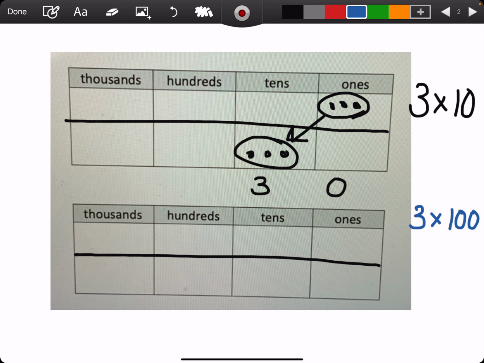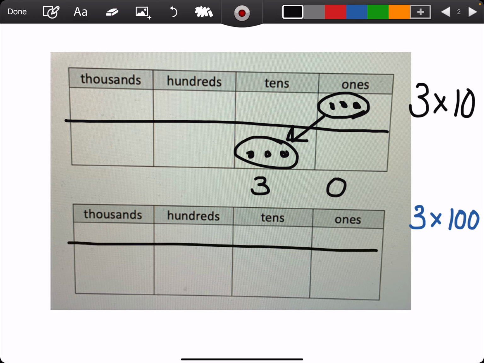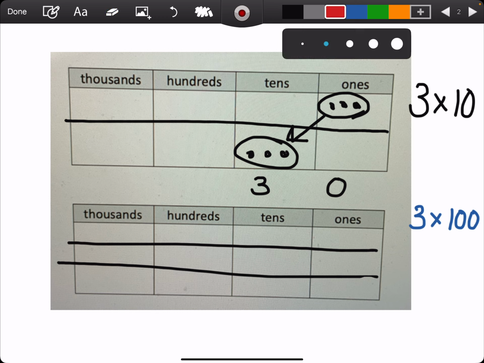So we can do this one of 2 ways. I'm going to make another row, but you really don't have to. It's just hard on the iPad. So 3 times 100, if I look at that 100, how could I break up that 100?